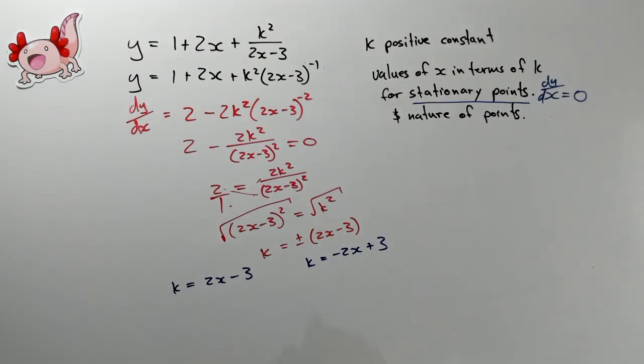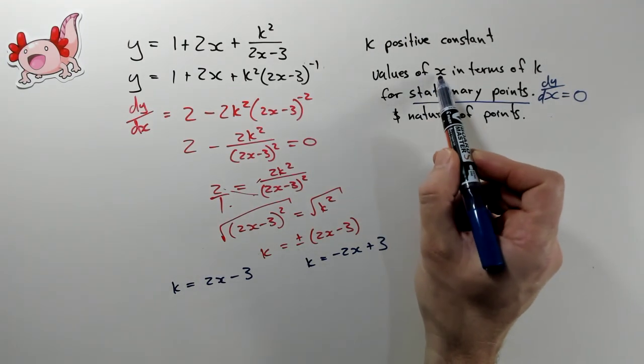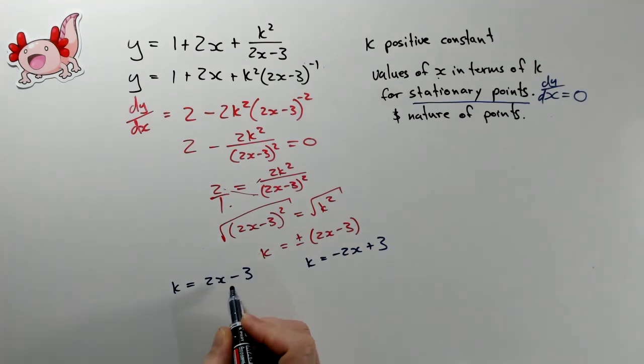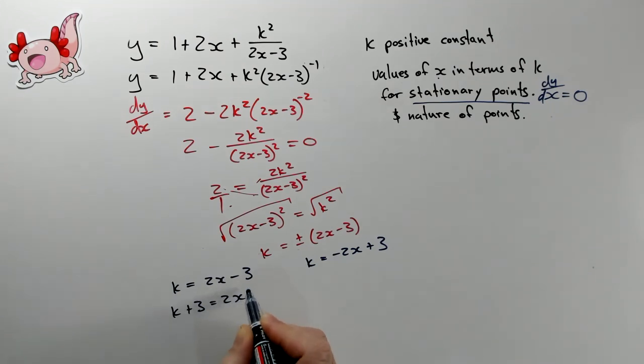So those are the two options, but I have to write x in terms of k. So let's say k plus 3 is 2x, just adding 3 on both sides, and dividing by 2 on both sides. So I'm left here with x is k plus 3 over 2.